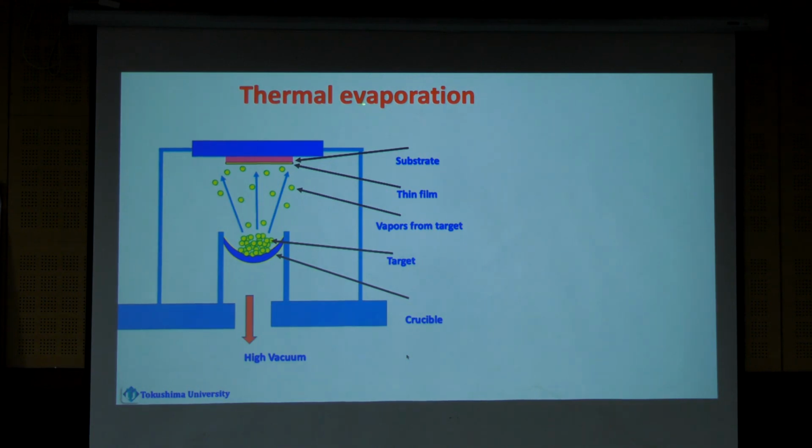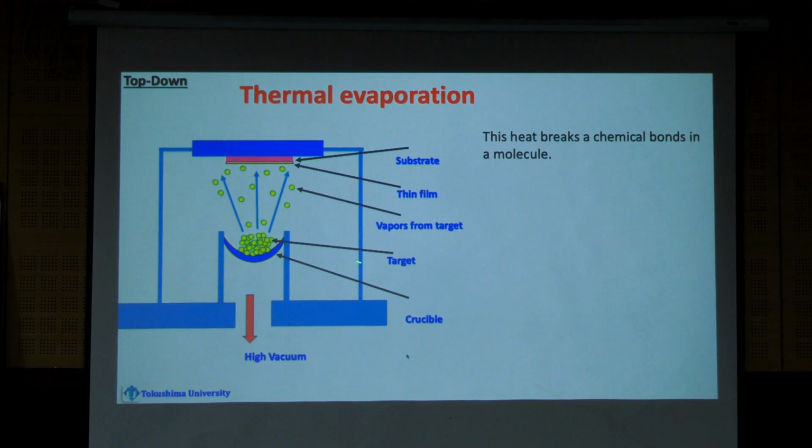So evaporation of material using a certain kind of thermal process. Thermal means heating, annealing, increasing the temperature. So we increase the temperature to evaporate the material. In this technique, basically you have a certain kind of target material.